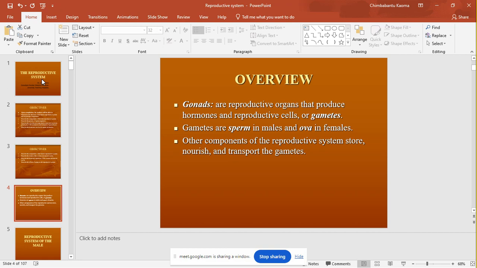In the females, the gametes which are produced by the gonads are referred to as ova, whilst in the males they are referred to as sperms. Apart from the gonads, the reproductive system is made up of other components regarded as accessory organs, and these are responsible for transporting, nourishing, and storing these gametes.